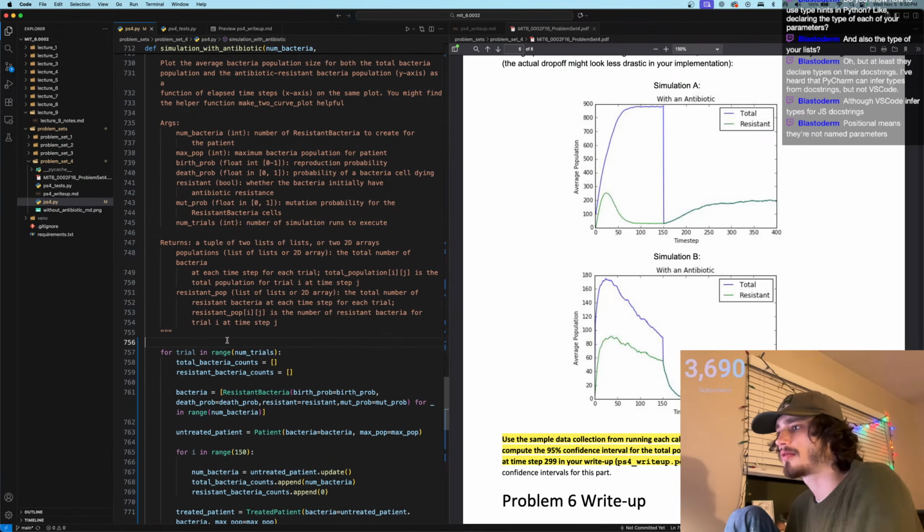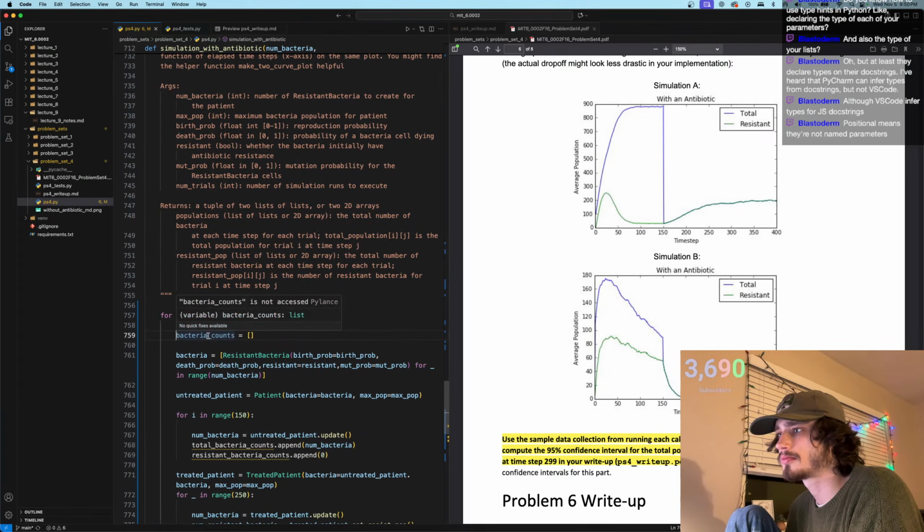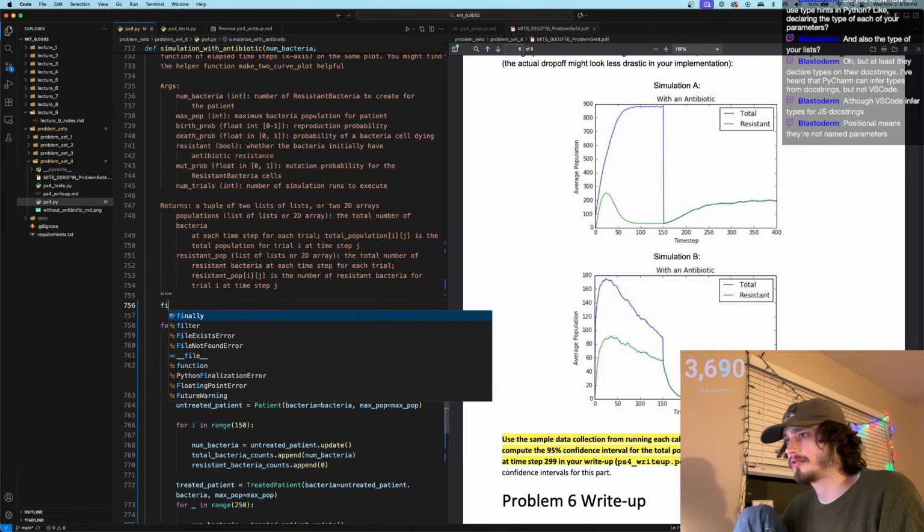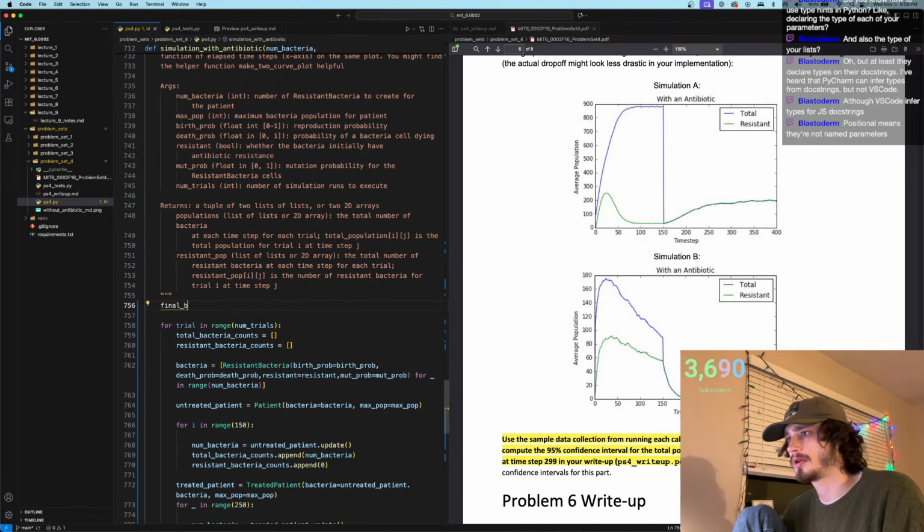Okay, so then we're going to have bacteria counts and resistance counts. We'll have total. We'll have final. So list, we're going to have total, final.